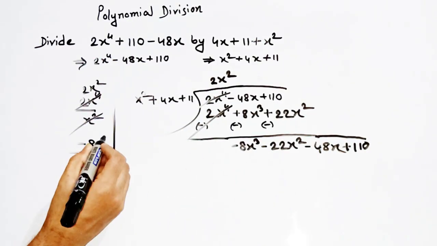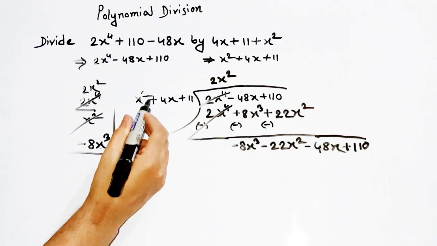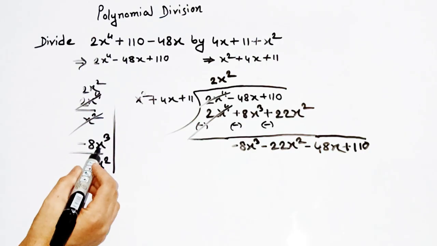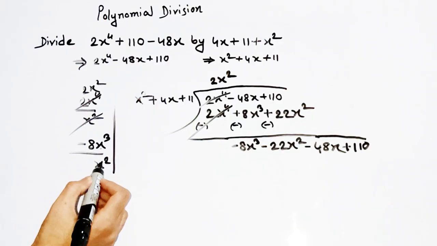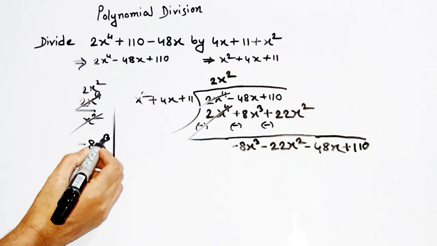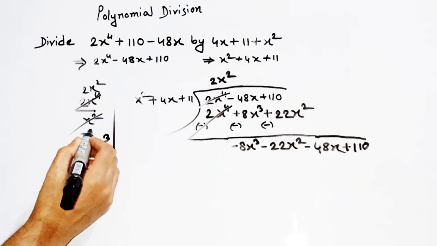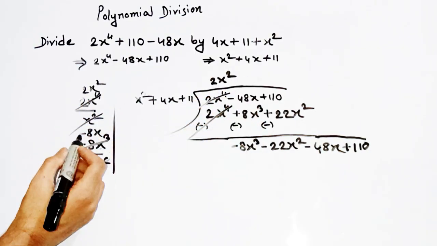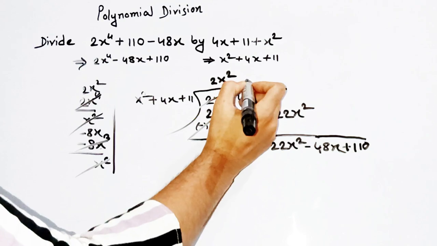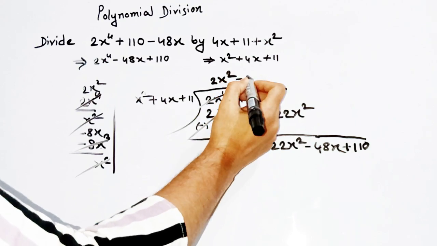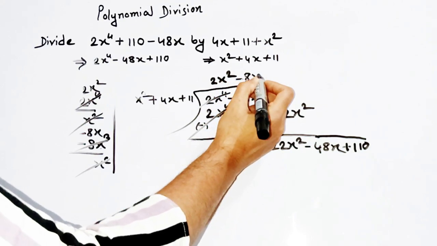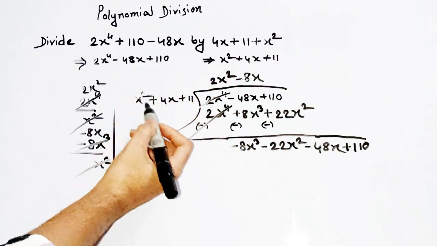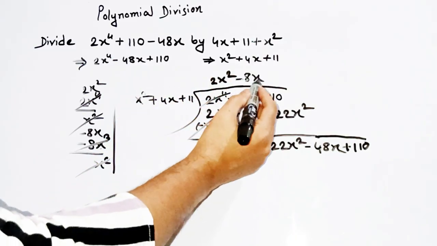Let's see the steps. Negative 8x cube divided by x square. If you divide x cube by x square, we have negative 8x. So we get negative 8x as the quotient. Now we will multiply the entire divisor by this negative 8x.